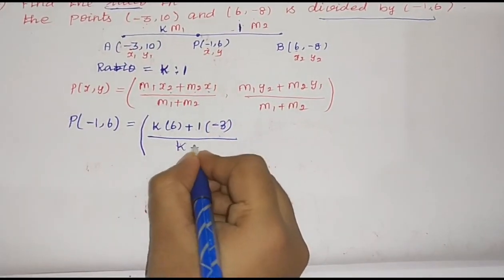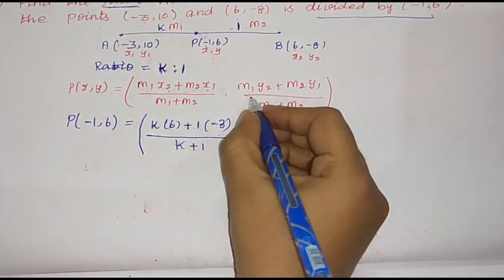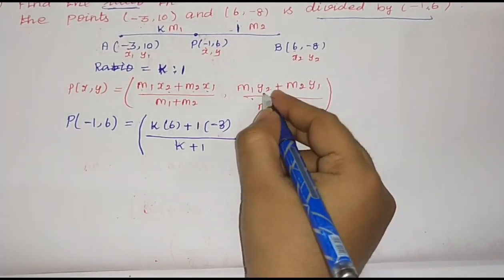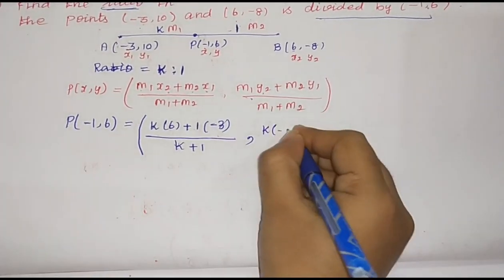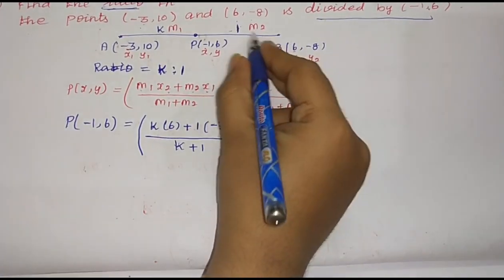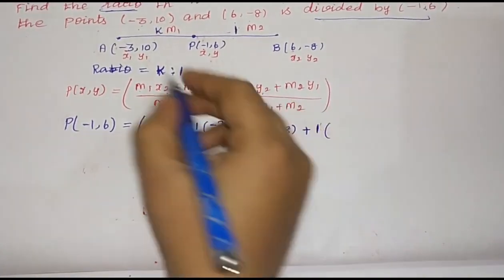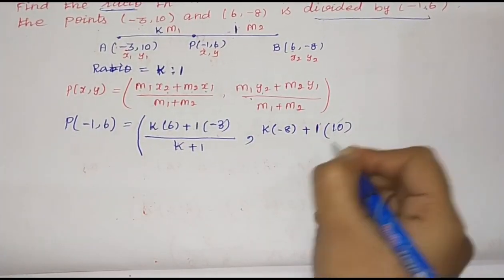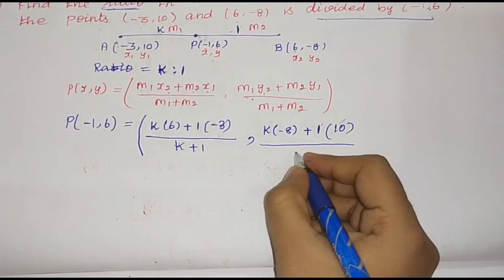So k plus 1, comma, instead of m1 k, instead of y2 minus 8, plus instead of m2 1, instead of y1 10, divided by m1 plus m2.